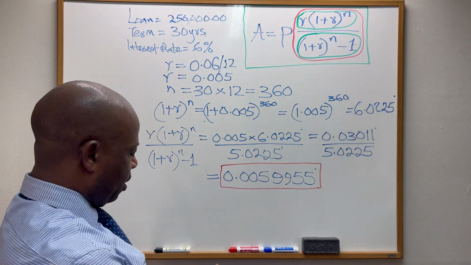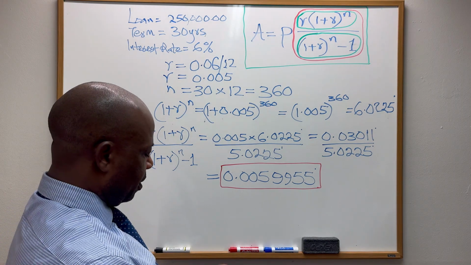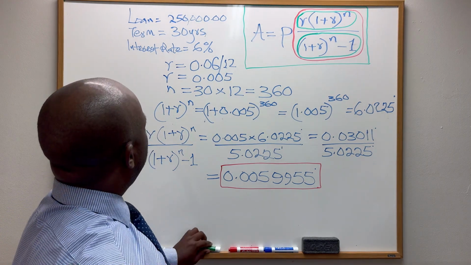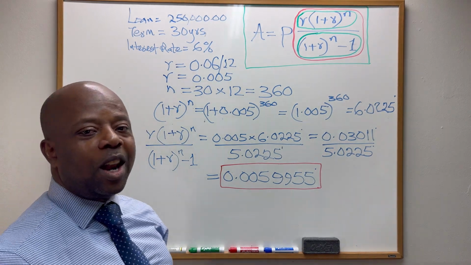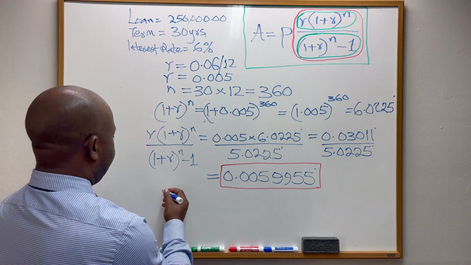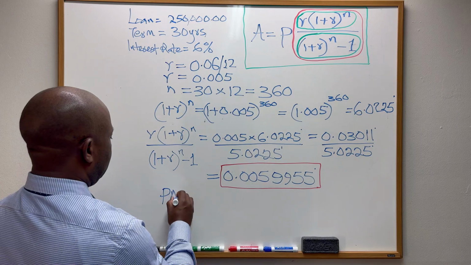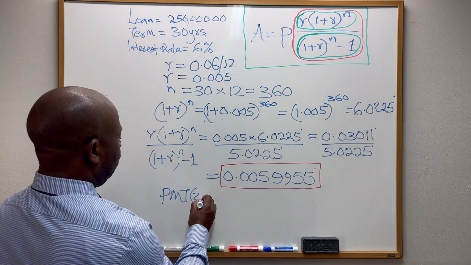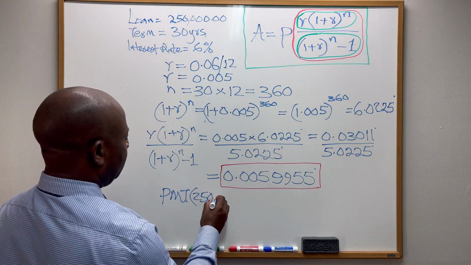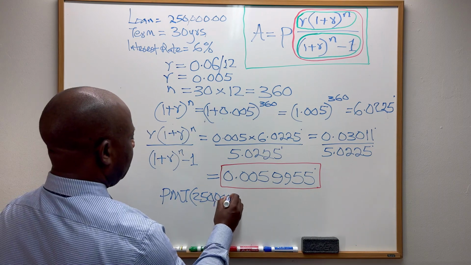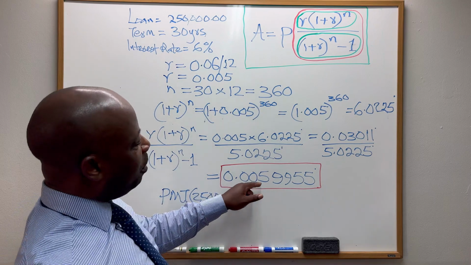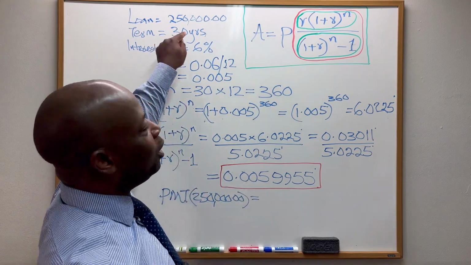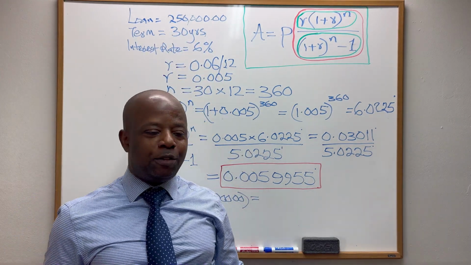So for our example, we are calculating this for a $250,000 loan. So the payment amount for $250,000 will be equal to this number times 250,000.